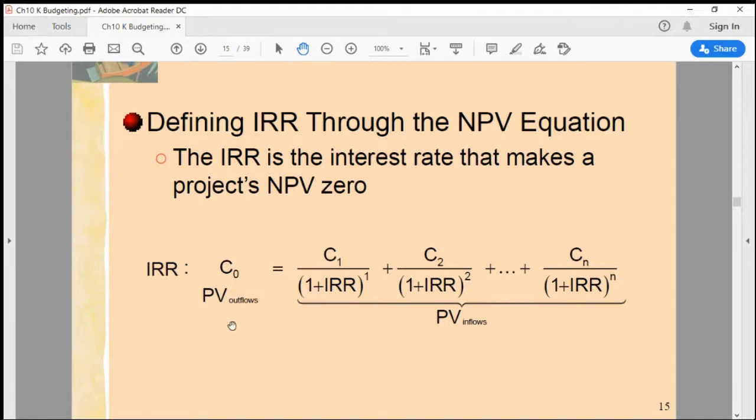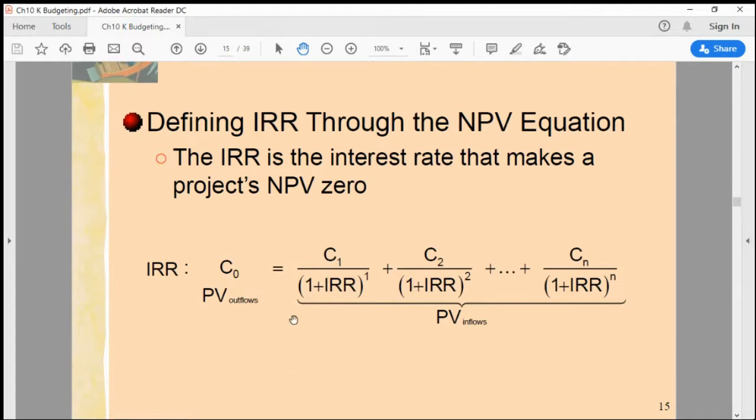When the left-hand side is greater, then the discount rate is greater than IRR. So then how can IRR and discount rate be different? I mean, what causes them to be different?